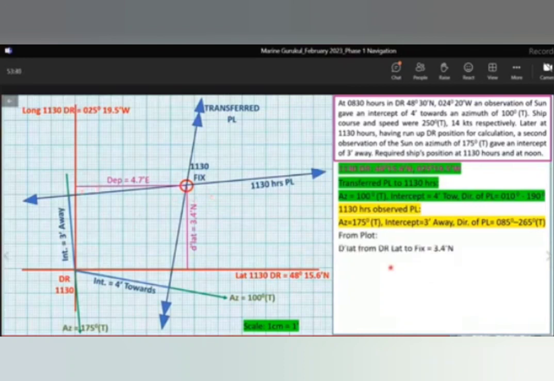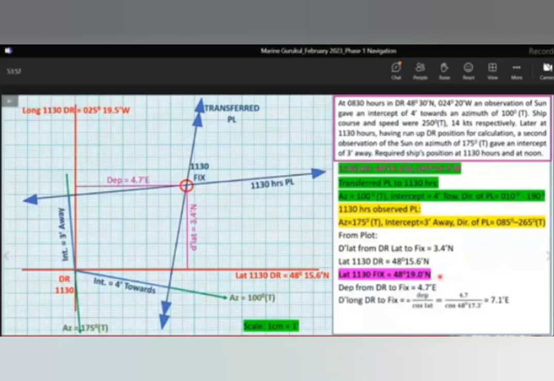And then from the plot we can apply these and get the position at 1130. 1130 fixed latitude then comes to 48 degrees 19 minutes north. Departure can be converted to d long, applied to the longitude of 1130 DR, and that gives us the longitude of the fix as 25 degrees 12.4 minutes west. So this way we are able to get the coordinates of the vessel's position at 1130 hours.